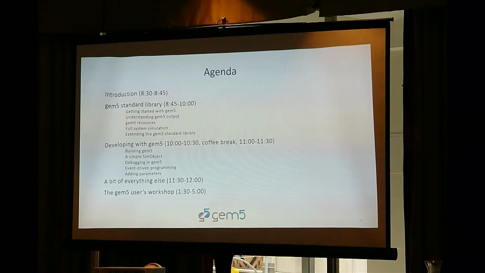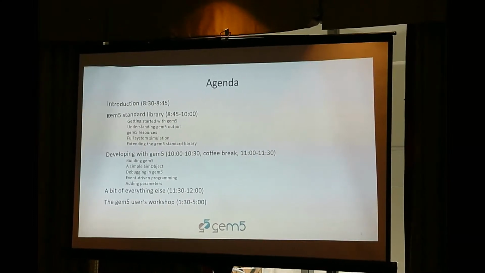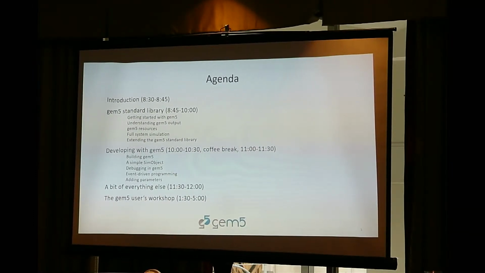Okay, so the agenda for today. I'm going to go through a quick introduction, which was supposed to end around now, but we started a little late. Then Bobby is going to go through the gem5 standard library. This is a relatively new feature, as in within the past year, that we've added to gem5, which we hope is going to make gem5 a lot easier to use.